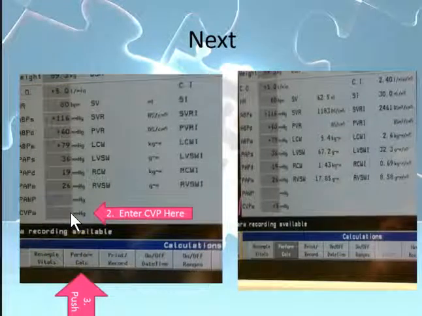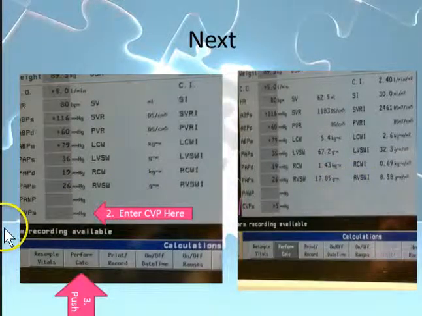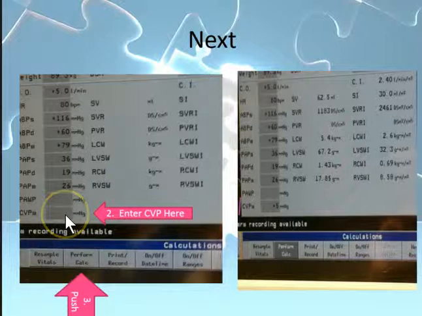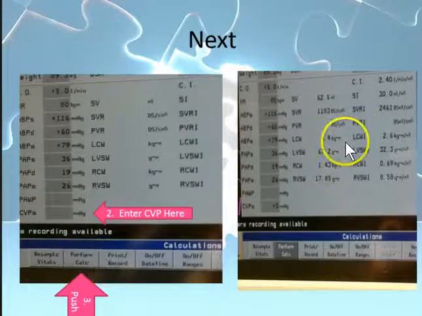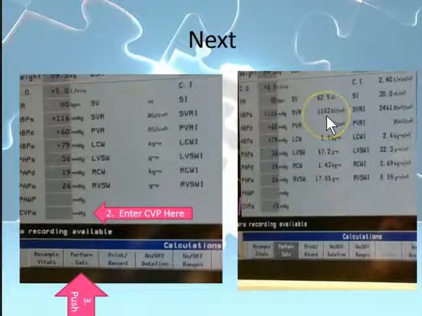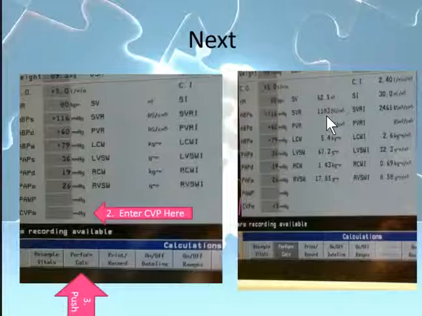So say it's 5 like it is over here. You'll put 5 in here, hit perform calc, and then it will generate an SVR. See, this person's SVR is 1183, so it's normal.